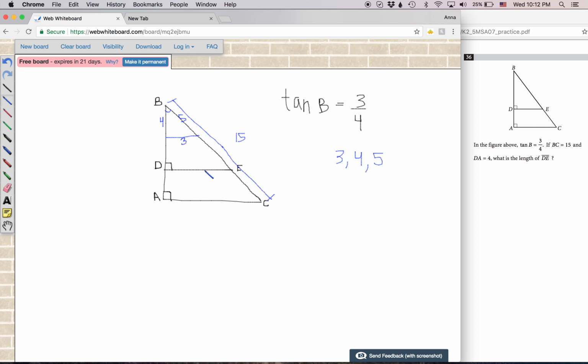We don't know for sure what the side lengths of this bigger triangle are, aside from the 15. But then they bring in a really important clue. They tell us that DA is 4, so we'll get to that in a minute. But first, let's look again at this bigger triangle. So we know that the hypotenuse is 15.